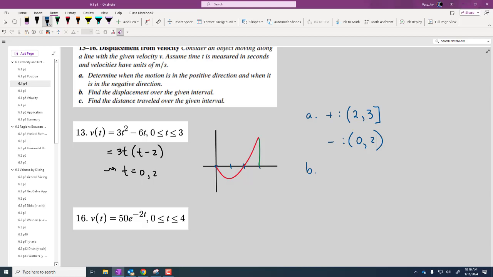For distance, we usually use a d, but for displacement, we're just going to write the word displacement. So displacement is going to equal the integral from 0 to 3 of the velocity function, 3t squared minus 6t, and our differential is the dt.